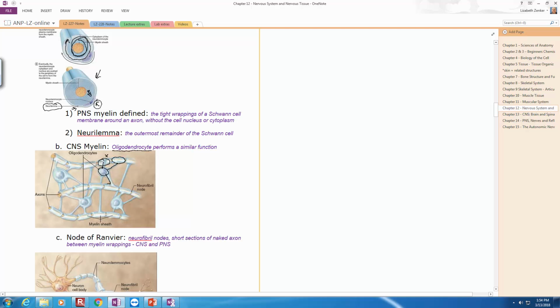And it has another projection that went to a whole different neuron and wrapped around there, and so on and so forth. Then you have another oligodendrocyte that wrapped around here, and to this one, and to here, and maybe down to that one over there. Can you see all the many, many connections going on there, right? So an oligodendrocyte performs a similar function, but for the CNS neurons, okay?